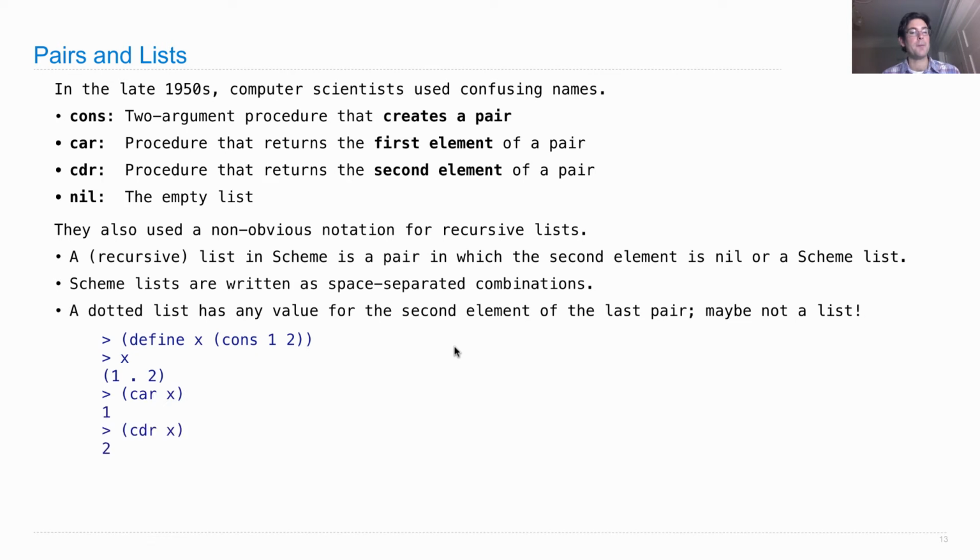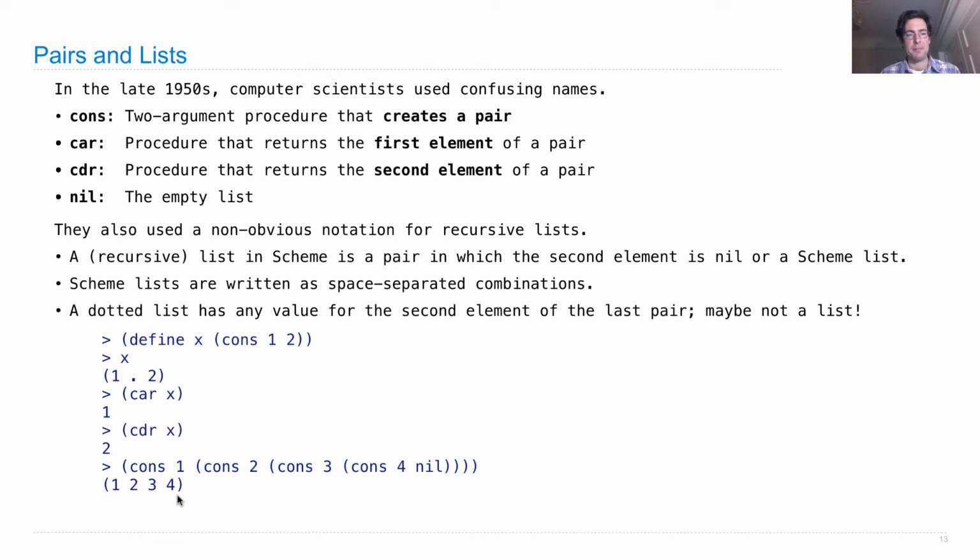The car of x is 1, the cdr is 2, but if I cons 1 with the cons of 2 with the cons of 3 with the cons of 4 and nil, so this is a list, therefore this is a list, therefore this is a list, therefore this is a list, I get (1 2 3 4). So if you see a combination without any dots in it, that means it's a recursive list, which are just called lists, because everything in Scheme is recursive.